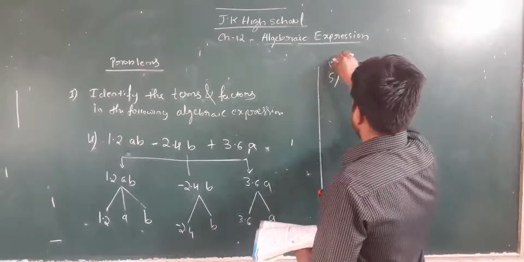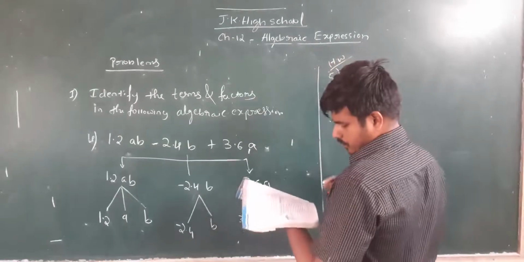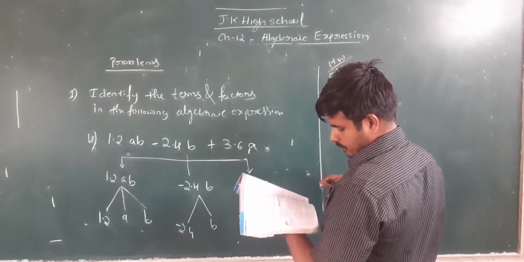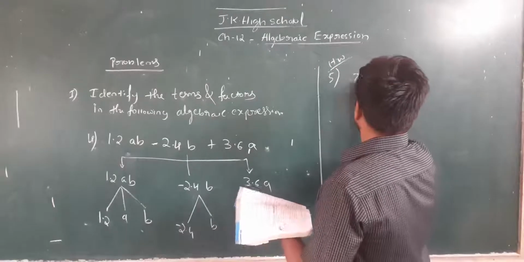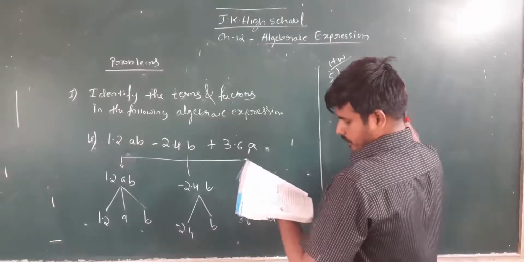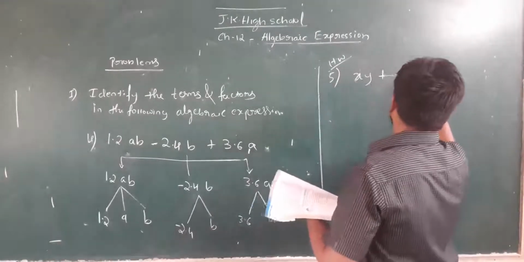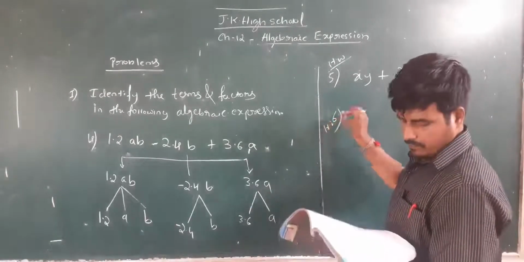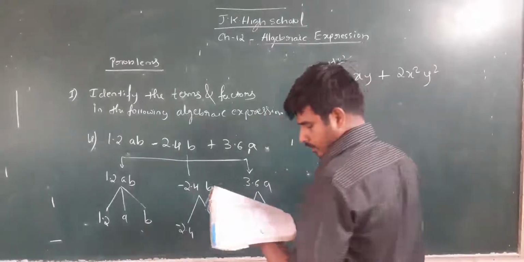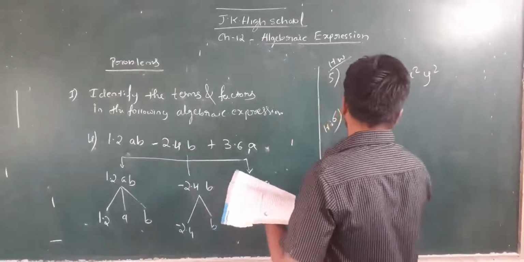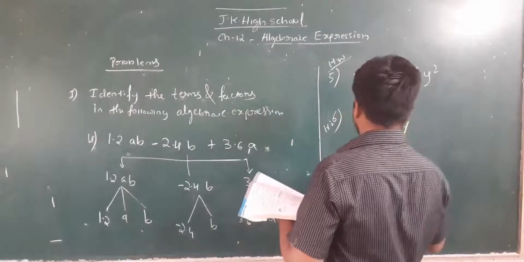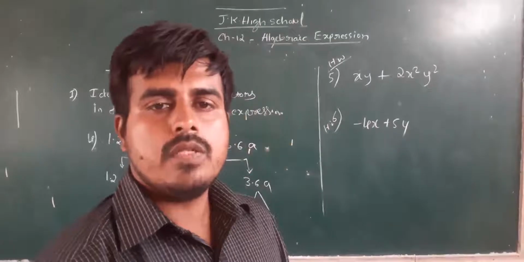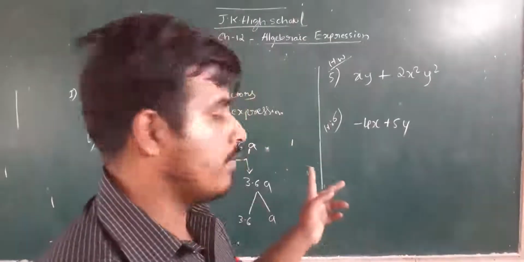Fifth one, homework: 5xy square, let's say xy plus 2x square y square. Sixth one: minus 4x plus. Take these two problems as homework. Find the terms and the factors in the given algebraic expression.